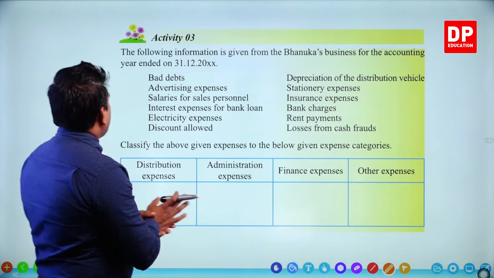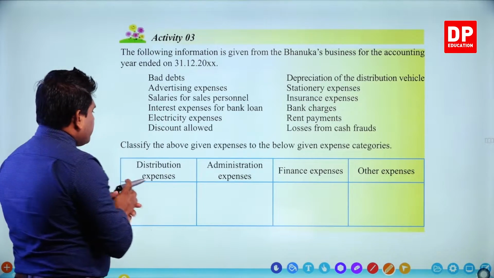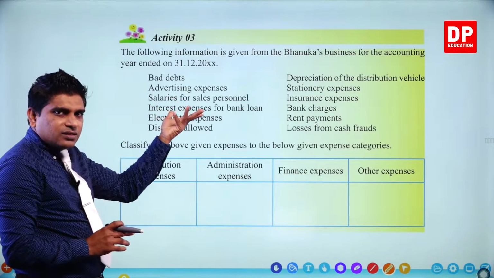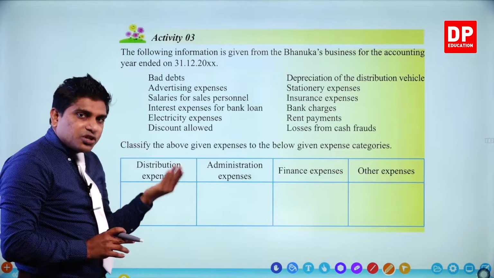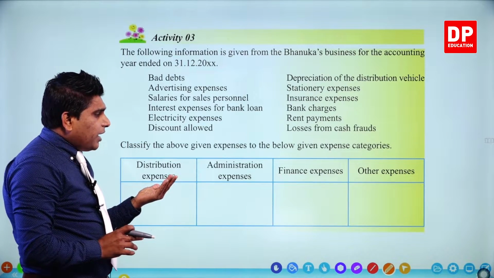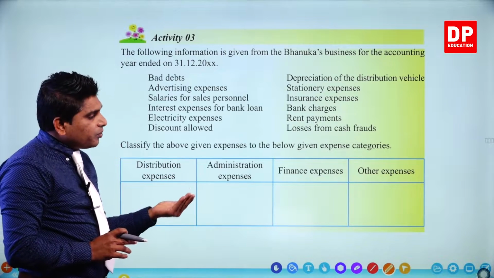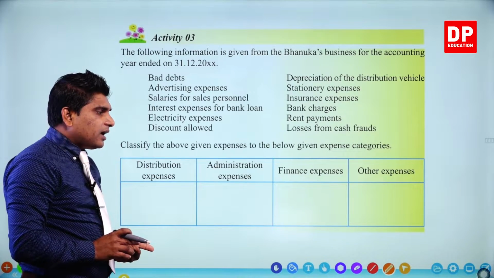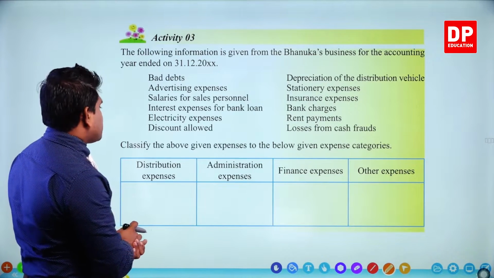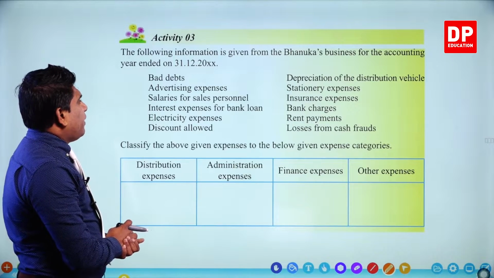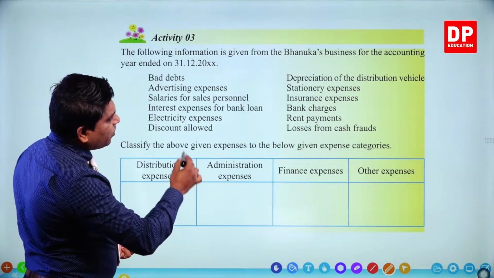I put D to indicate distributing expense, A to indicate administration expense, F to indicate financial expenses, and O to indicate other expenses. We'll see. Bad debts, tell where it goes: distributing, administration, financial, or other expenses.